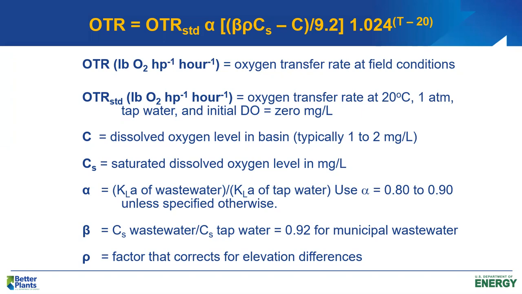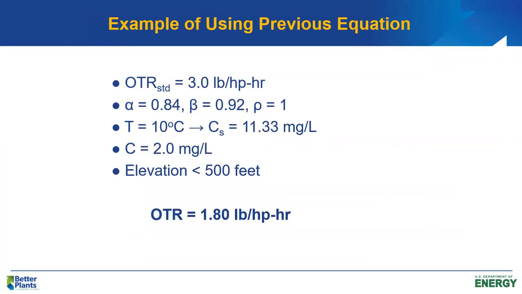And so you're going to need more oxygen supplied to the biomass in the summer because of what's happening in the mixed liquor biologically. So we need more oxygen in the summer, mainly because the biomass need more oxygen. It's not that the aeration equipment is dramatically less efficient in that 1 to 2 milligram per liter range. So let's look at this to illustrate what I'm talking about.